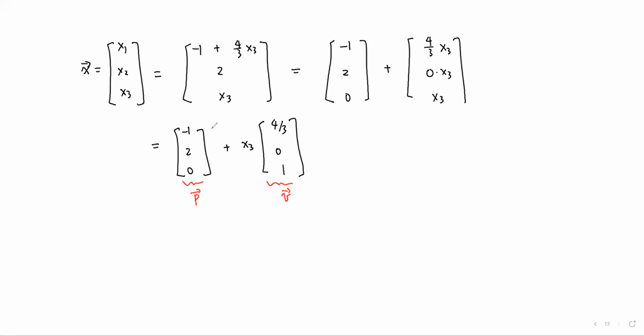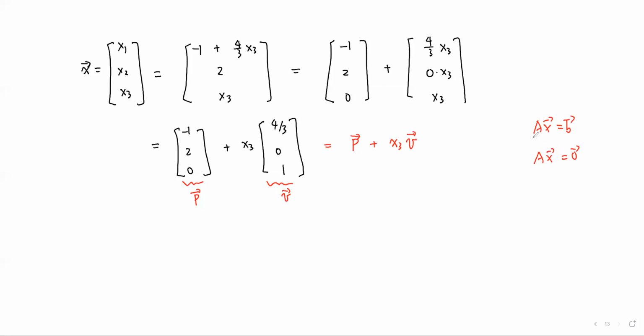So the general solution of the non-homogeneous linear system is a particular solution plus an arbitrary variable times V. Can you see a relation between the non-homogeneous linear system and the solution of the homogeneous linear system?